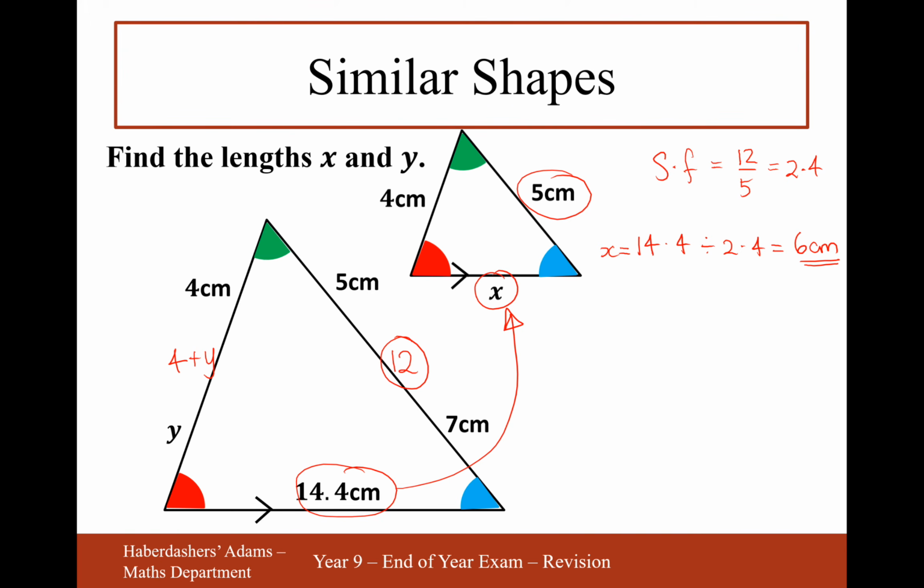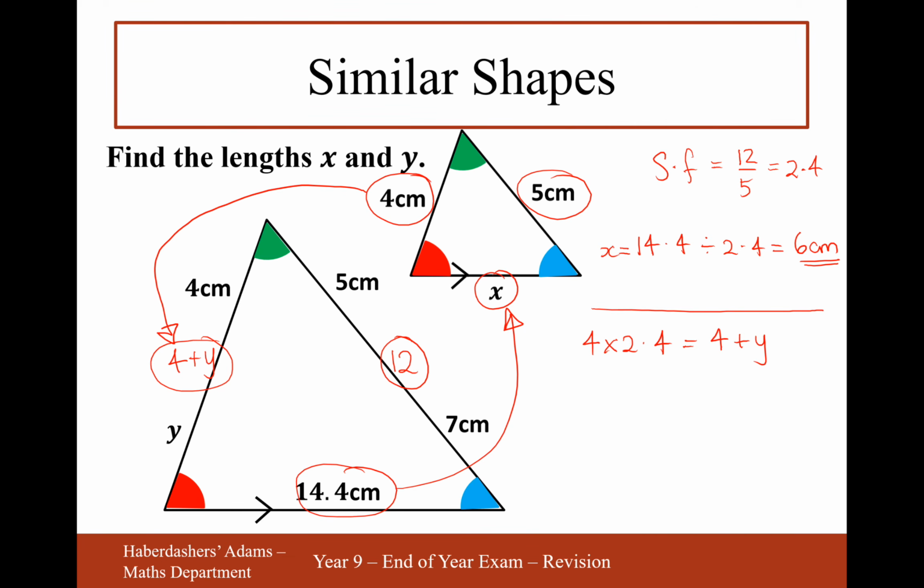Now a trickier question is this side here, and to work out what y is. So I'm going to have to take the smaller shape, multiply it by the scale factor, and I get an answer of 4 plus y. So that's saying 4 times 2.4, that's this side, scale factored up by a scale factor of 2.4, equals the side length here of 4 plus y.